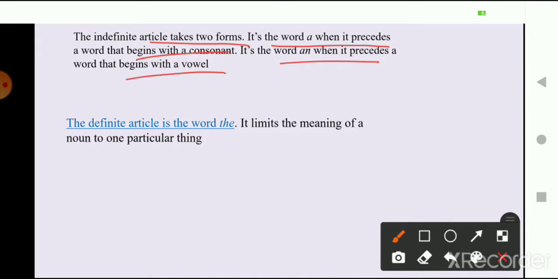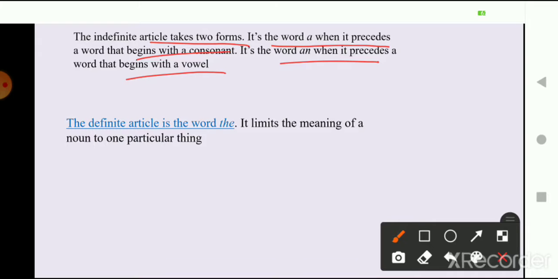Okay, and what is the meaning of indefinite articles? Indefinite articles are those articles which do not point out any particular thing or any particular person. They don't define a person or a thing. Let's say I say that I saw a boy riding a horse.